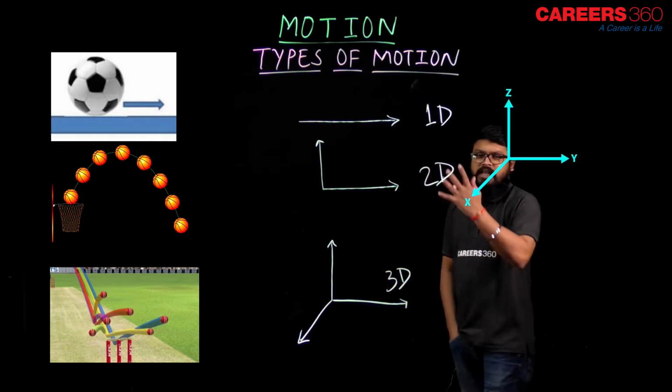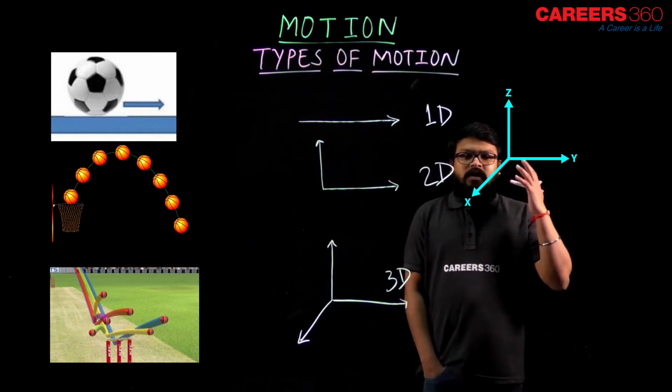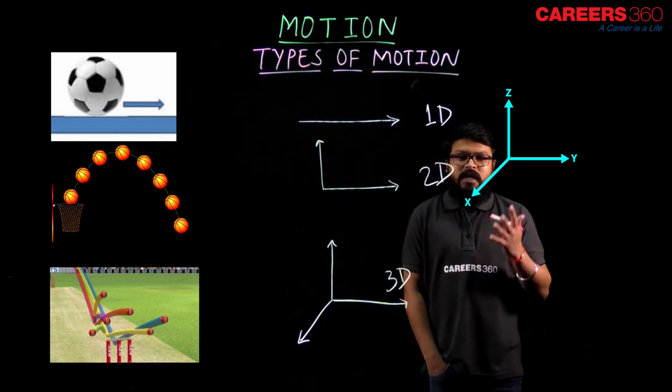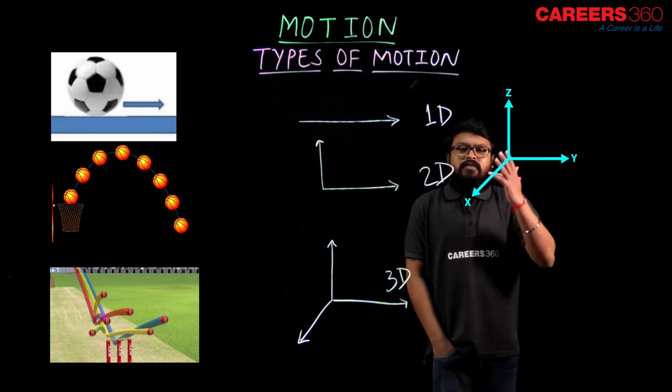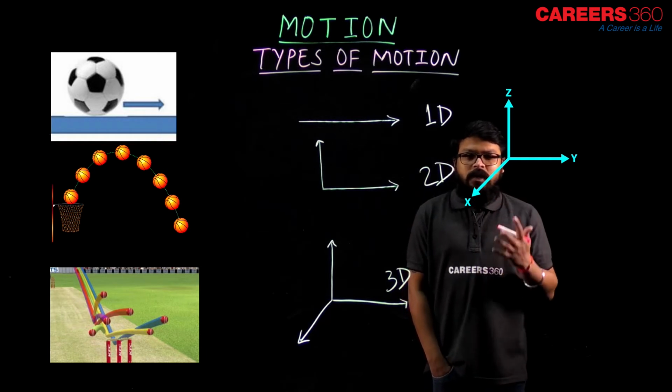These directions can be expressed using the Cartesian coordinate system, or we call it the rectangular coordinate system, that is nothing but three axes x, y, z mutually perpendicular to each other.